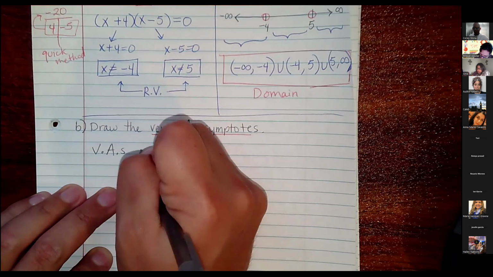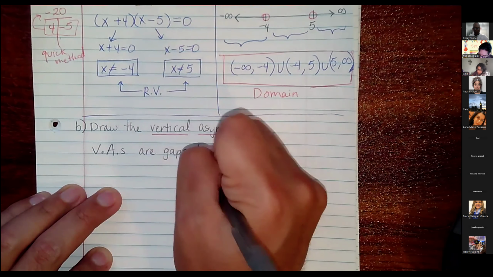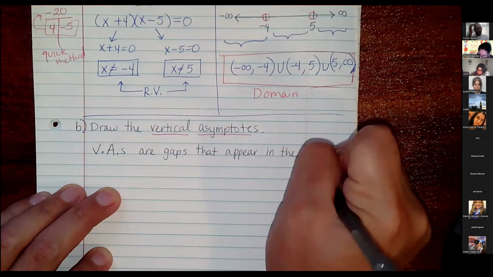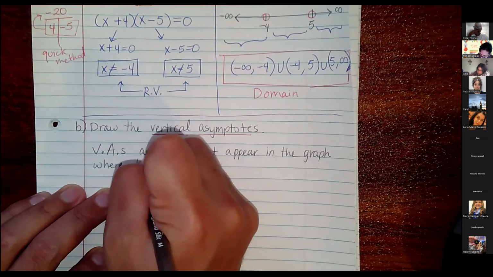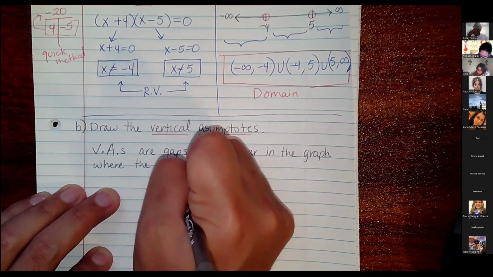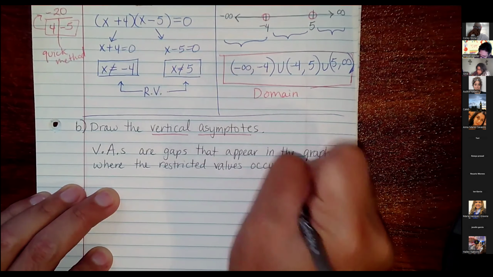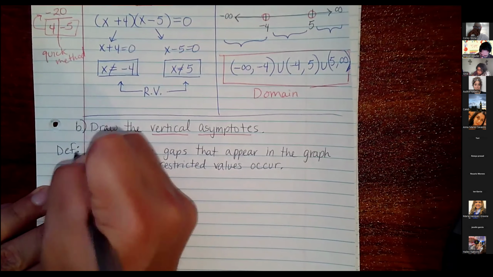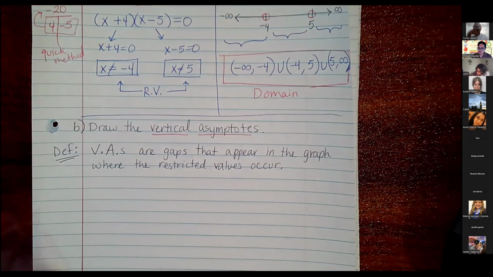Vertical asymptotes are gaps that appear in the graph where the restricted values occur. Okay. So that's one definition. We can think about vertical asymptotes as being these vertical gaps where the restricted values are.